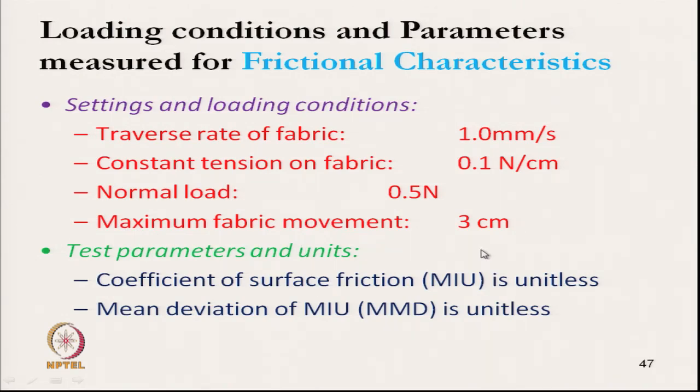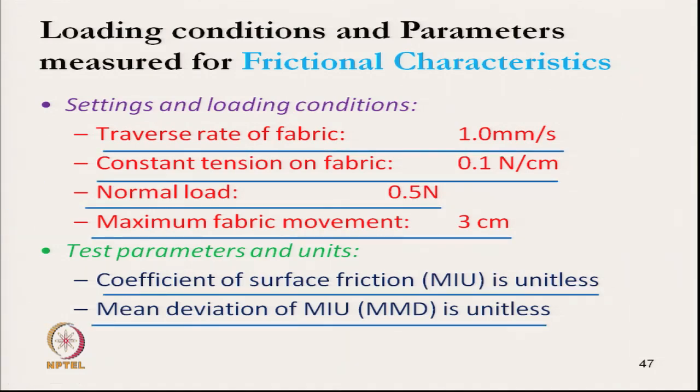The test parameters we get in the frictional module are the coefficient of friction MIU, which is unitless, and the mean deviation of MIU, which is MMD, again unitless.